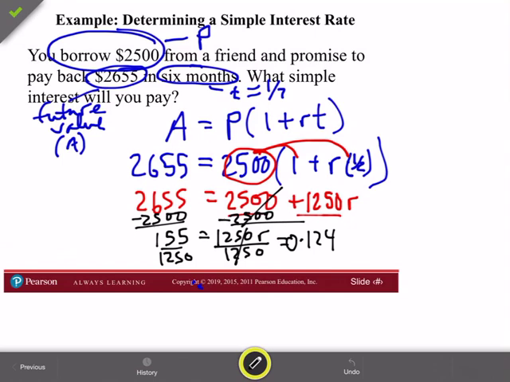Of course, when we report interest rates, we report them as percentages.